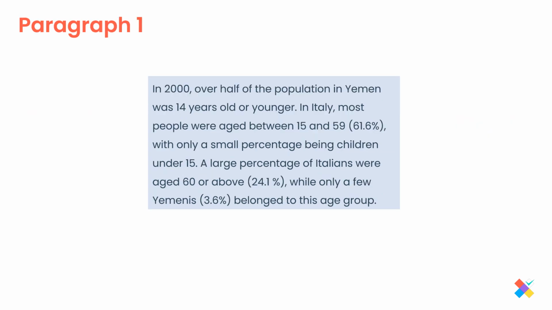Okay, we're moving on to paragraph 1. In the first paragraph, and I've also signposted this, I'm going to talk about the data for the first 2 pie charts, in 2000, in the past.